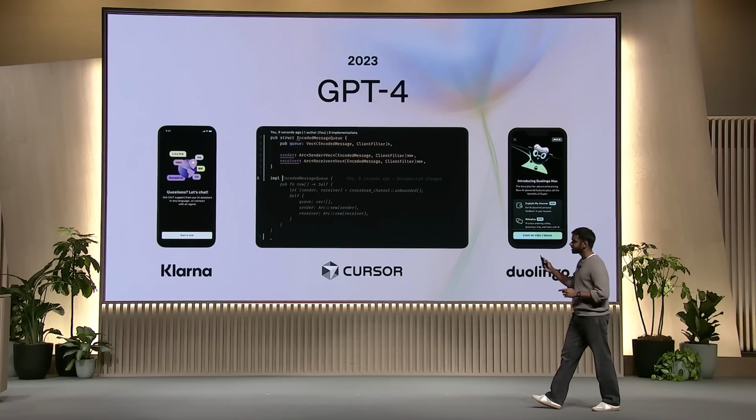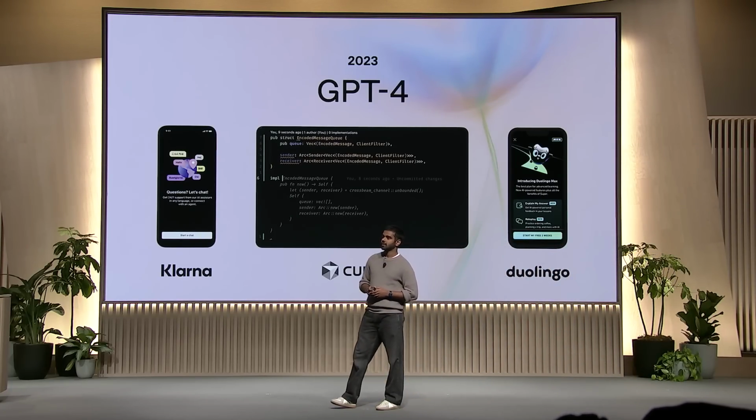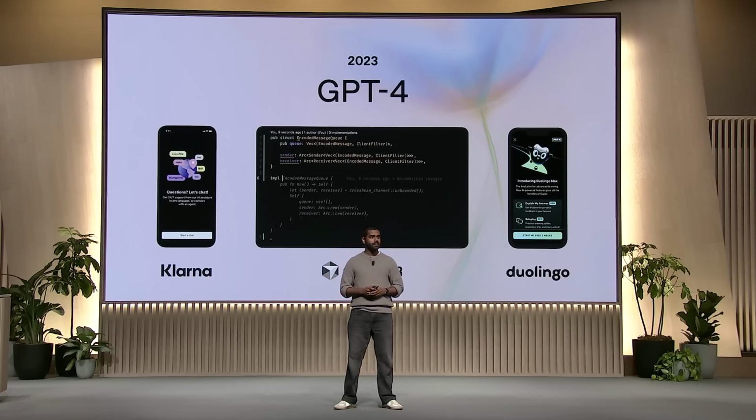Developers took it to the next level, from building AI-powered productivity tools like Cursor, customer service agents like Klarna's, and language learning apps like Duolingo. All of these products had one thing in common. They were connecting LLMs to the outside world, from your code base to external APIs or on-device actions. To do this, they needed outputs to be structured, typically JSON.